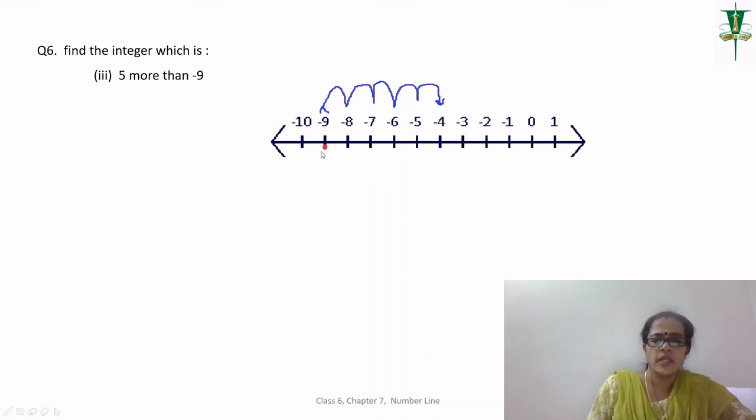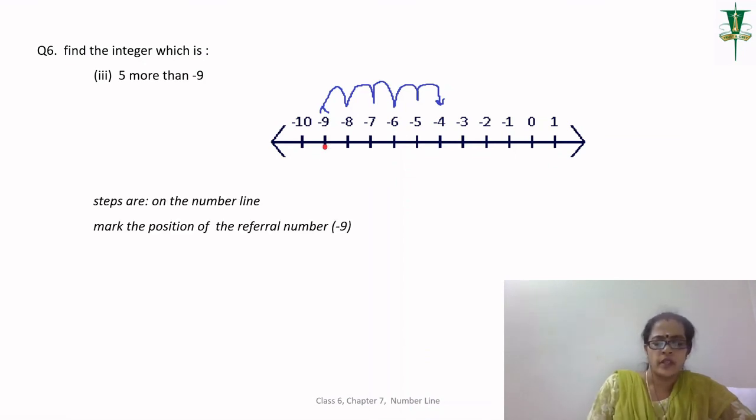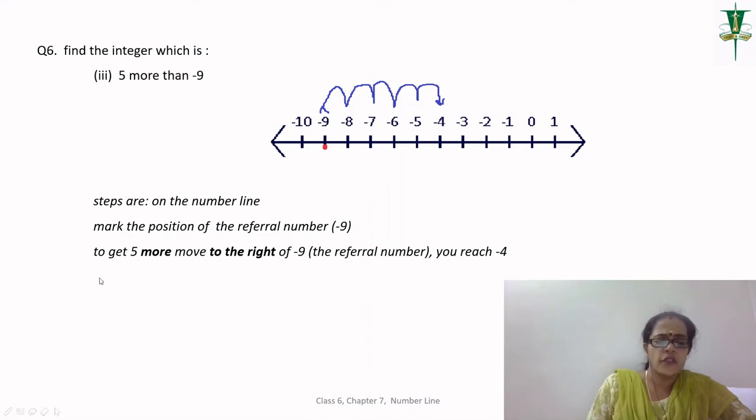And when it says 5 more, that means to get 5 more, that is, more is to add. So to get 5 more, you have to go 5 steps in the right hand side direction. So from -9, you'll go 1, 2, 3, 4, and 5, and you will reach -4.